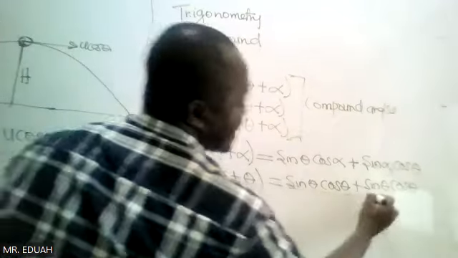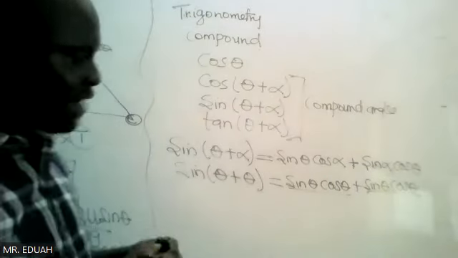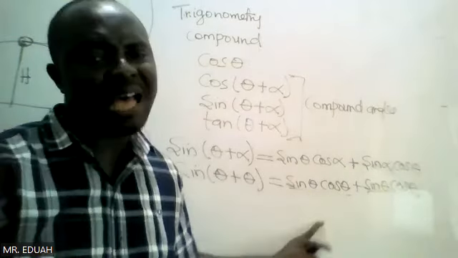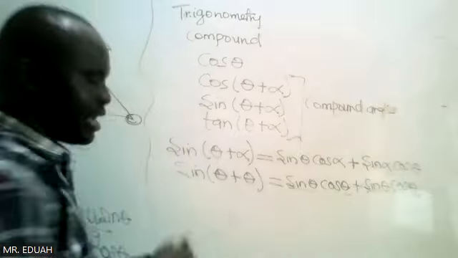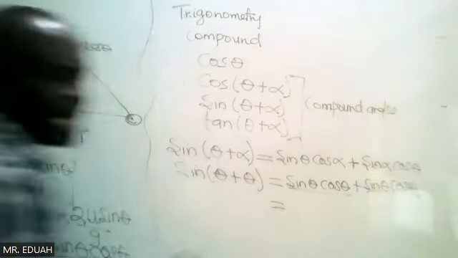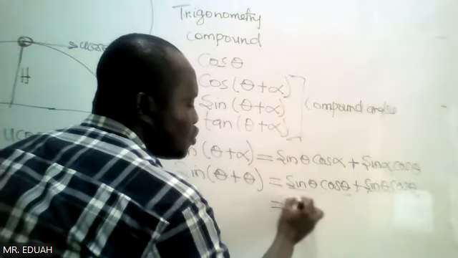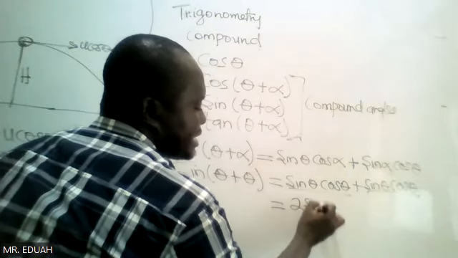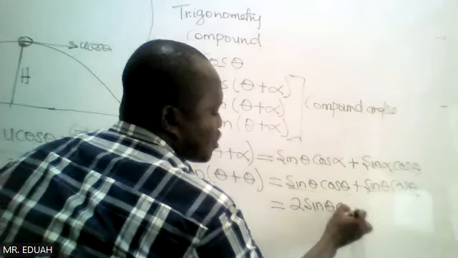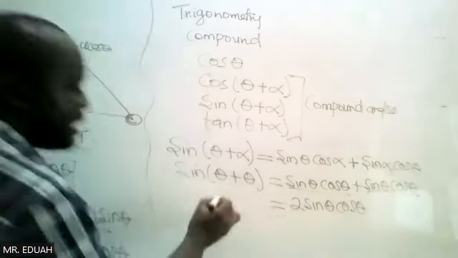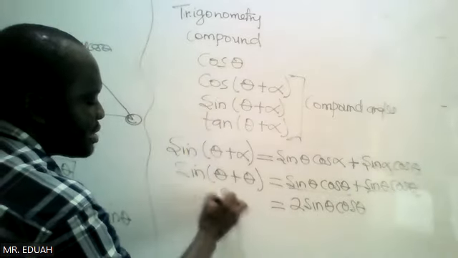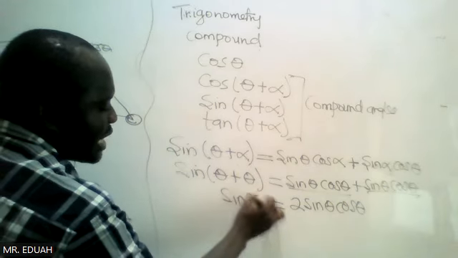And this is the same as x plus x. Since x plus x is equal to 2x, this will also give us 2 sine theta times cos theta. Meaning if you have a double angle, sine 2 theta is the same as this.